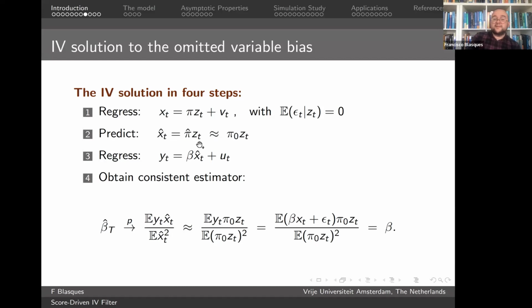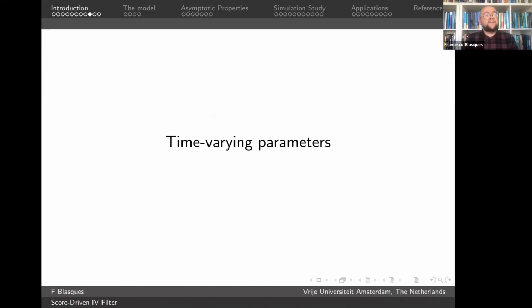And essentially by doing that, I run this regression, use the predicted X when I regress Y on X, and out of this comes an estimator that now converges to beta because essentially the error term is now uncorrelated with X hat. That's essentially the idea. That was the recap on endogeneity and how IV can address this.